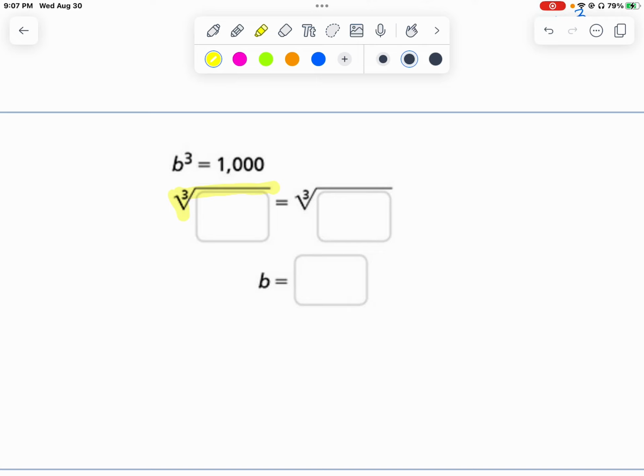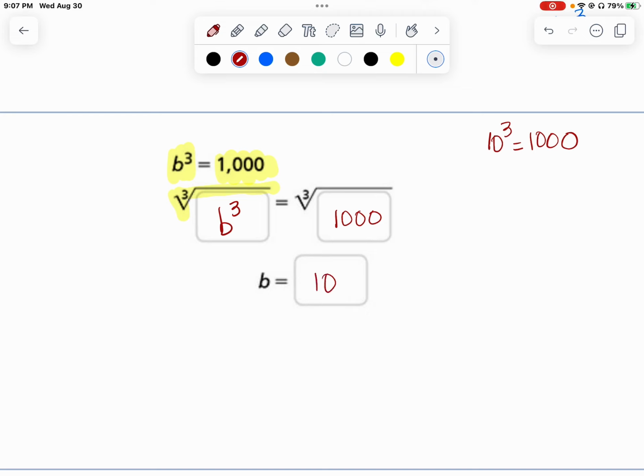I mean, cubed root. This is b cubed equals 1,000. Well, back on our sheet of sheets to remember everything, 10 cubed equals 1,000. This time, the inverse operation is the cubed root.